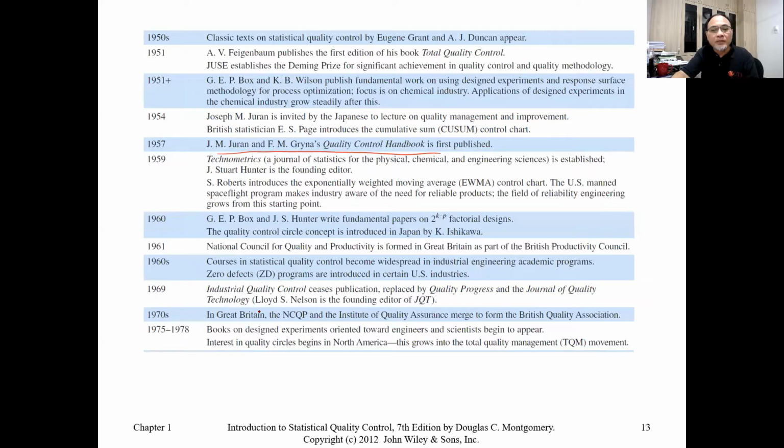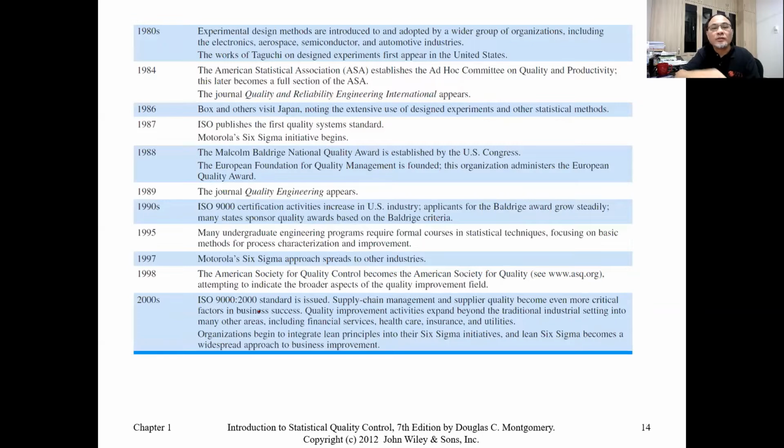And if you look at this, there's Box and Hunter, factorial design of experiments, which is popular to use to optimize processes used in electronic, aerospace, semiconductor, and automotive industries.